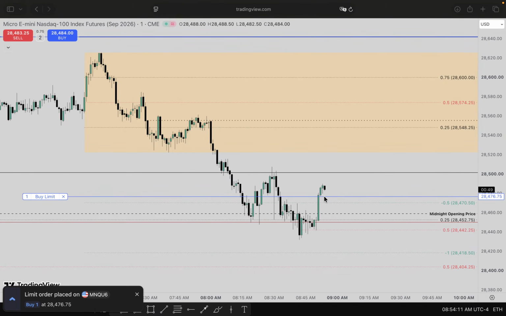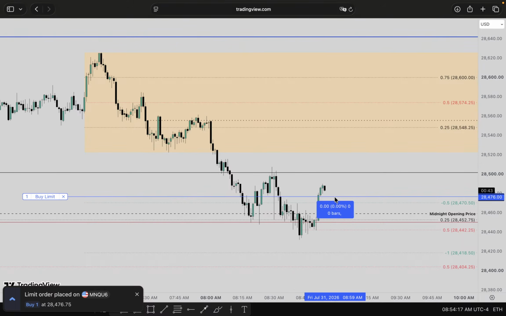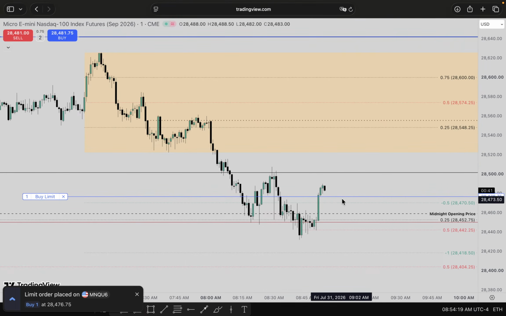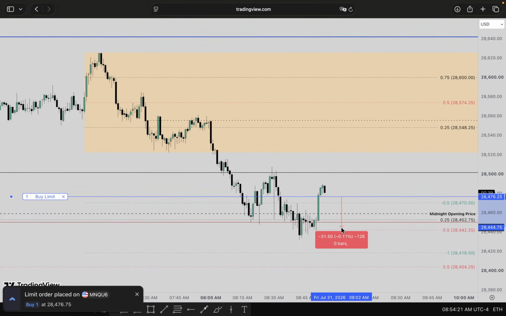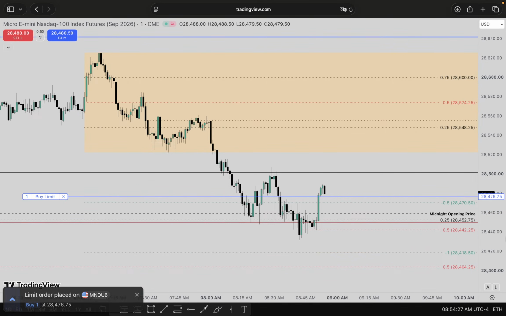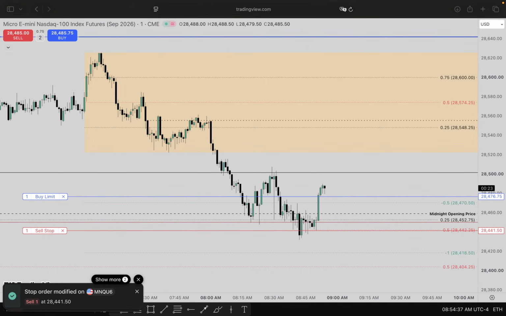I'm gonna put a buy limit right here, and then I'm gonna put my stop loss right under here. So yeah, if we can get in there.